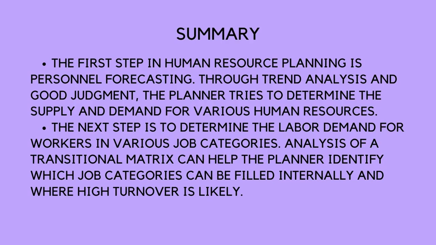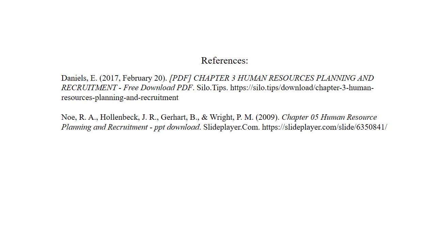Through trend analysis and good judgment, the planner tries to determine the supply and demand for various human resources. The next step is to determine the labor demand for workers in various job categories. Analysis of a transitional matrix can help the planner identify which job categories can be filled internally and where high turnover is likely. Here are our references.